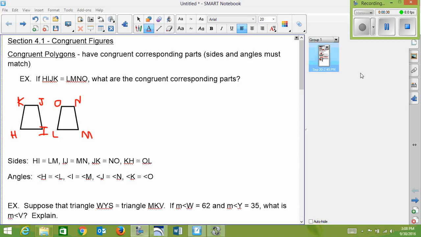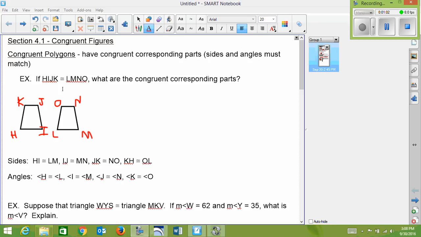Looking through the picture here, I have the sides matched up, so HI matches up with LM, IJ matches up with MN, and you have to say MN, not NM, because you have to go in the same direction. JK across the top matches up with NO, and then KH down the side matches up with OL.